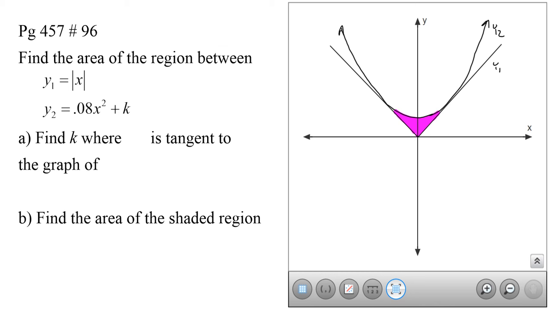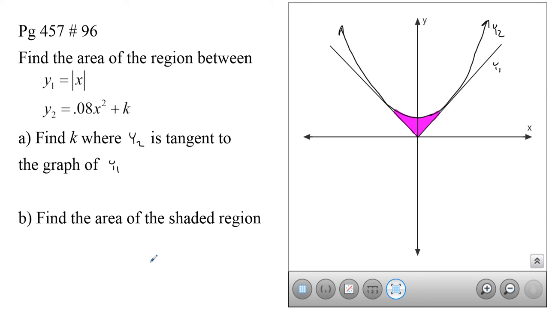Okay, so find the area of the region between the function y equals absolute value of x, and y equals 0.08x squared plus k. Part A, find k where y2 is tangent to the graph of y1.